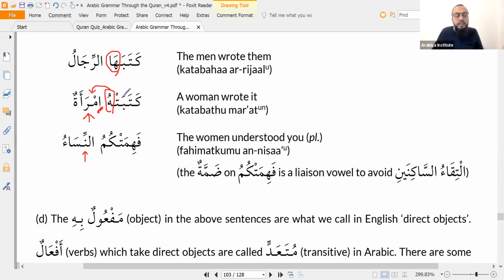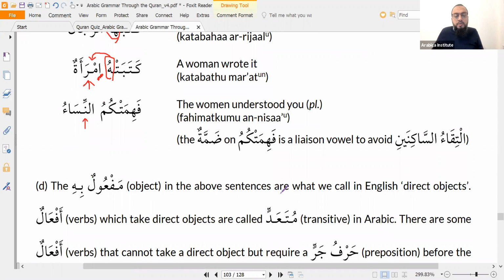These are all directly attached, and we saw examples earlier where the maf'ulun bihi is a noun. For example, kataba kitaban, he wrote a book, kitaban being a separate noun. Now, those are what we call direct objects. So when a verb is able to take a direct object, which will go up with a fatha usually, that verb is called muta'addin.